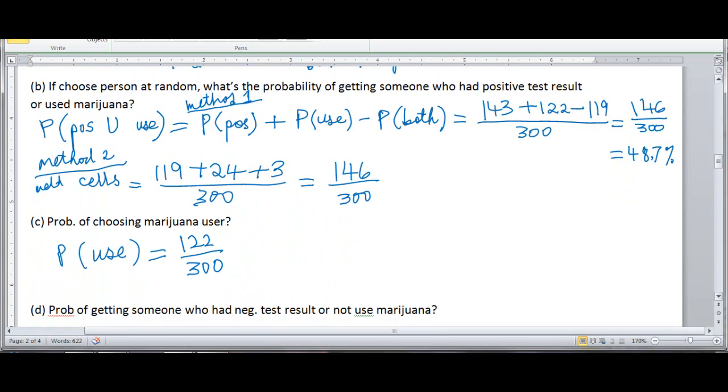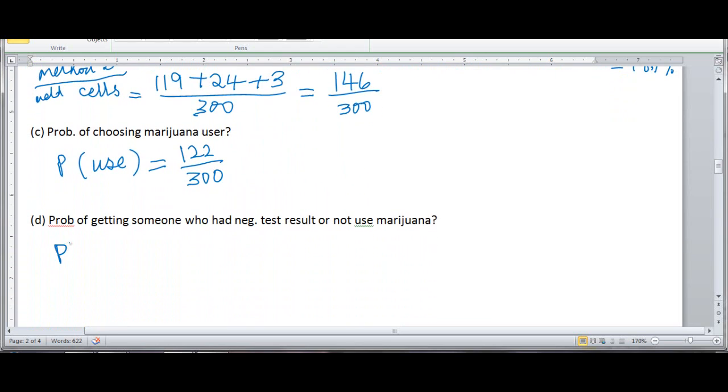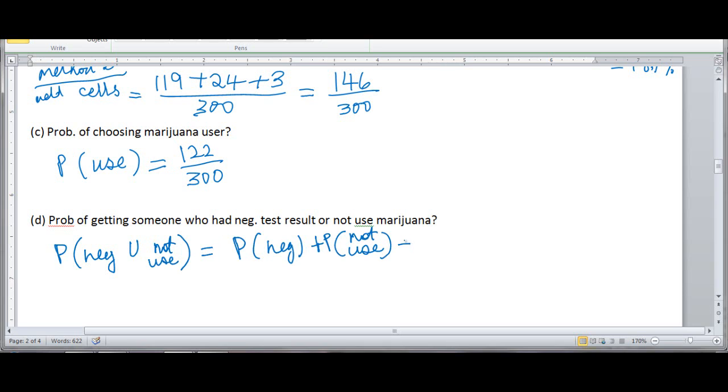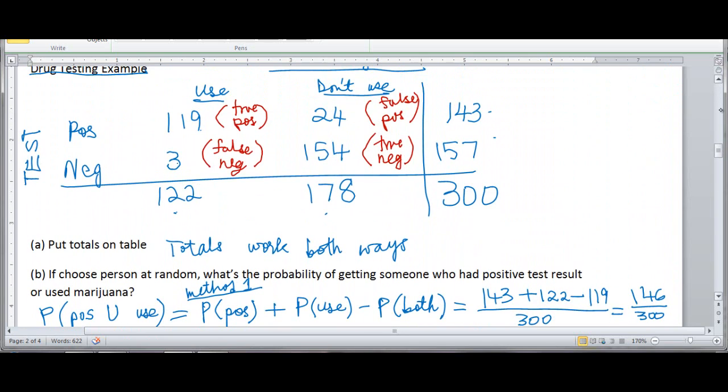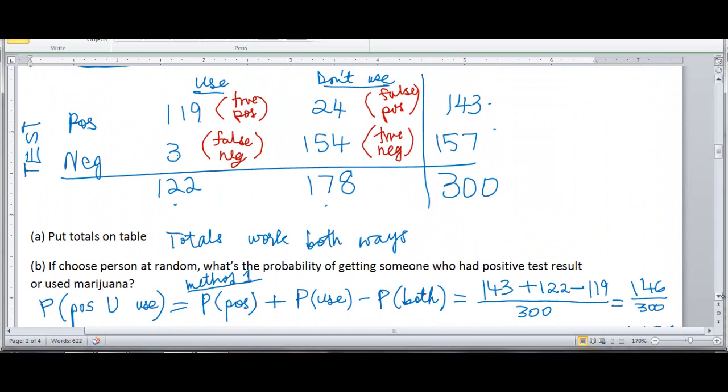What is the probability of getting someone who had a negative test result or they don't use? I'll just put not use. Again, you can use the addition rule. That's the probability of negative plus the probability of not use minus the probability of both. So negative 157, not use 178.